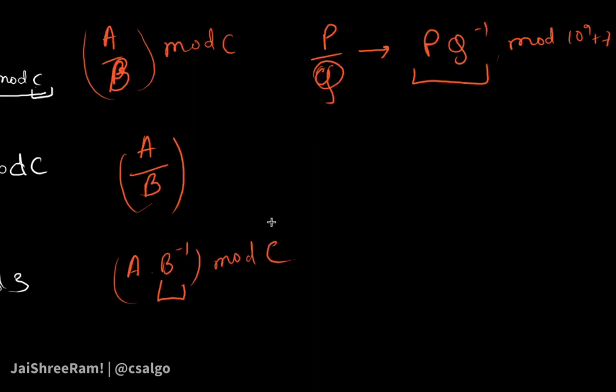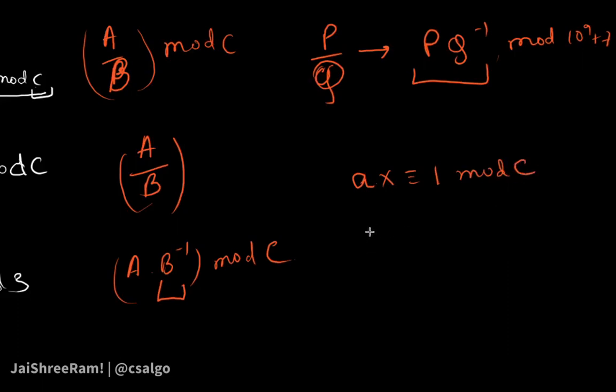Now what is this inverse? So let's look at that. A modular multiplicative inverse of an integer a, let's take an integer a, is an integer x. Let's suppose there is an integer x which is a modular inverse of a, such that a multiplied by x is congruent to 1 mod c.